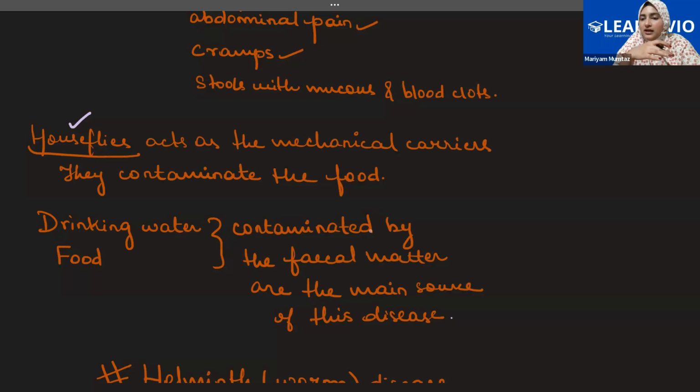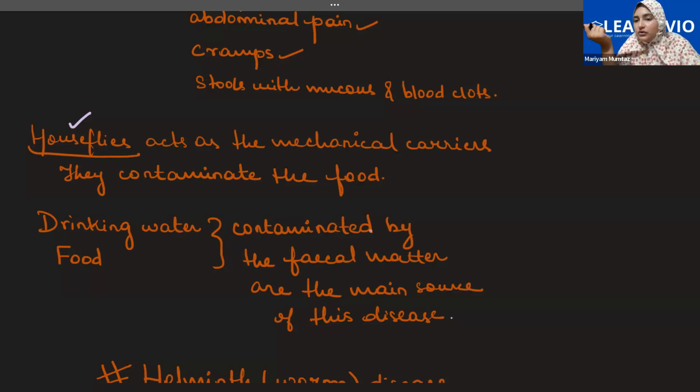And then it flies and comes and sits on our food, on our utensils, right? Once it sits on our food, it contaminates the food by depositing fecal matter on it. And we can't see it because houseflies are so small and their fecal matter is even smaller, so you can't actually make it out.